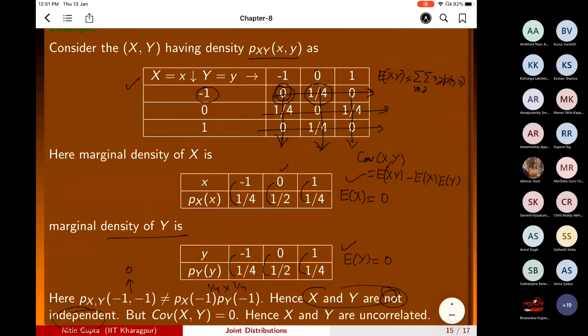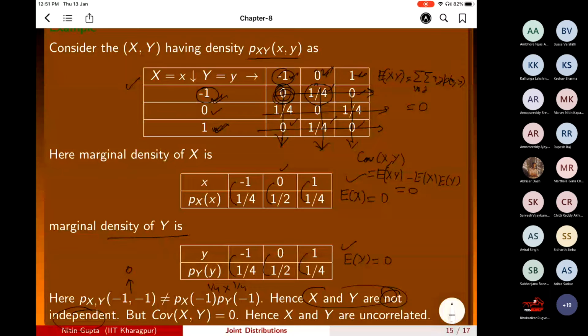So minus 1 into minus 1 into 0, plus minus 1 into 0 into 1 by 4, plus minus 1 into 1 into 1 by 4, plus 0 into minus 1 into 1 by 4, and all of that will be 0. 1 into minus 1 into 0, 1 into 0 into 1 by 4, 1 into 1 into 0, so that is also coming out to be 0. Therefore this value is 0. So covariance xy is 0.